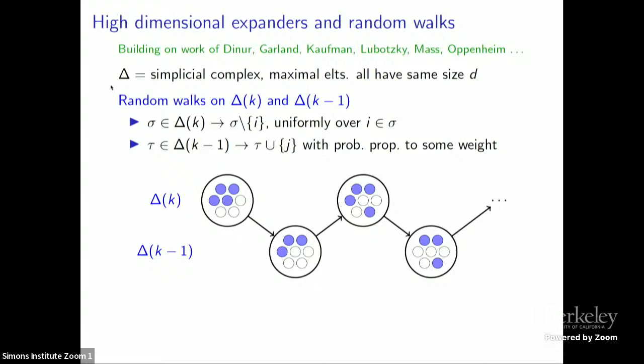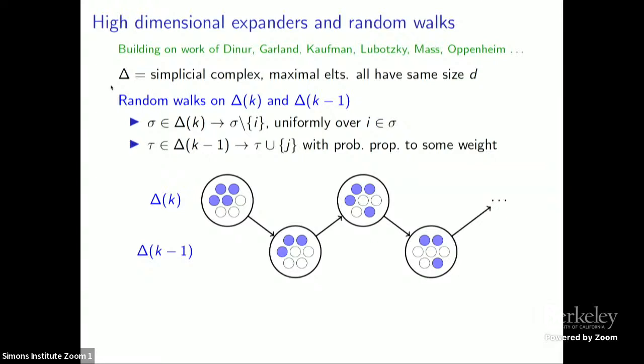If we have some subset, like these blue dots among the 7 dots, we can drop an element with some probability to get 3 and then add 1 back in with some probability. If we take 2 steps of this walk, we get back to something of the original size. So we can consider this as a random walk on, for example, subsets of size 4 of my 7 dots.